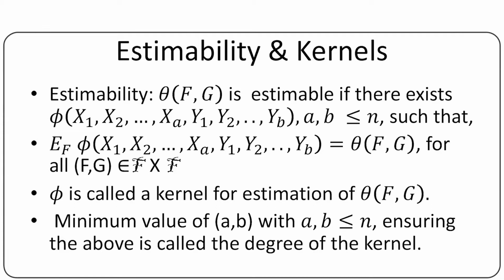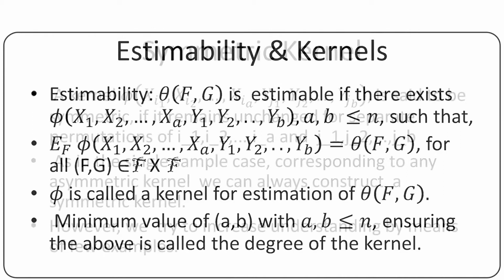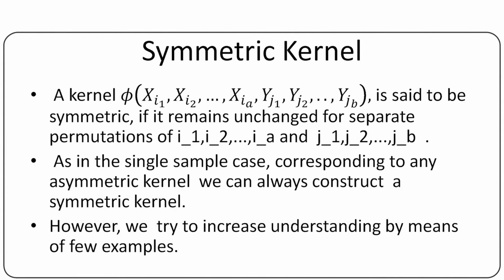Phi is not symmetric, as can be seen if we interchange X1 and X2. The corresponding symmetric kernel is the average of the indicator that X1 is less than Y1 less than X2 and the indicator that X2 is less than Y1 less than X1. Consider also the estimation of the difference of variances: variance of X minus variance of Y. It can be written as variance of X1 minus variance of Y1. We take the kernel X1 squared minus X1 X2 minus Y1 squared plus Y1 Y2, and its symmetric version is half of (X1 minus X2) squared minus half of (Y1 minus Y2) squared, clearly of degree (2, 2).